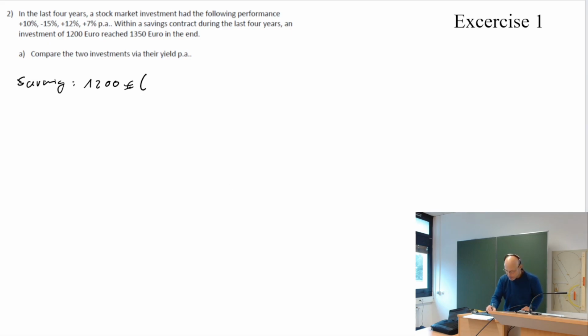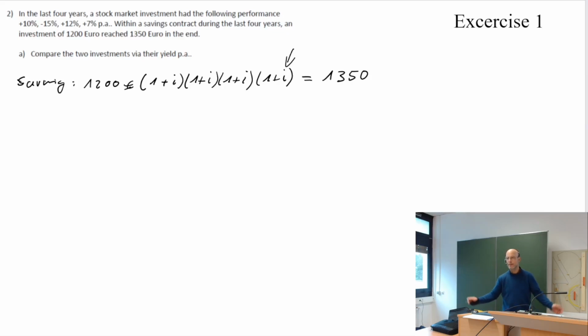So this means 1 plus i times 1 plus i times 1 plus i times 1 plus i equals 1,350, and we are interested in this interest rate, which is constant over time.